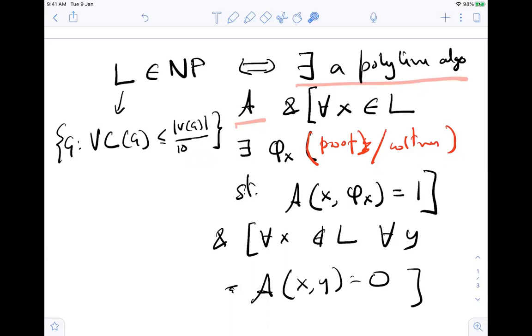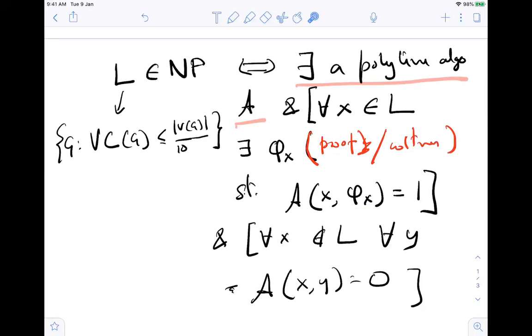If G actually satisfies this quantity, I can just give you the vertex cover. You can have an algorithm that takes the vertex cover, the proof, and checks it. Whatever you have given me, I am convinced this is actually a vertex cover, and the vertex cover size is less than the number of vertices by 10. Good, done.